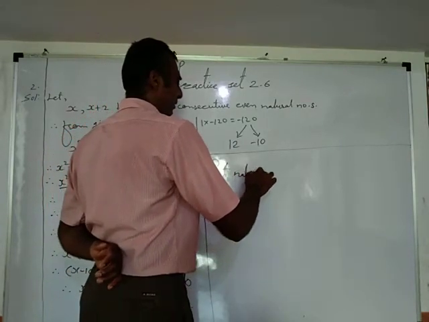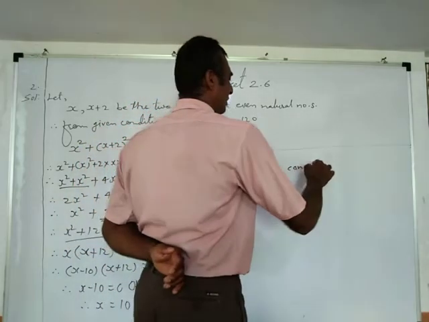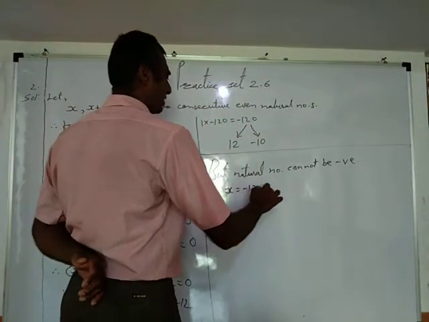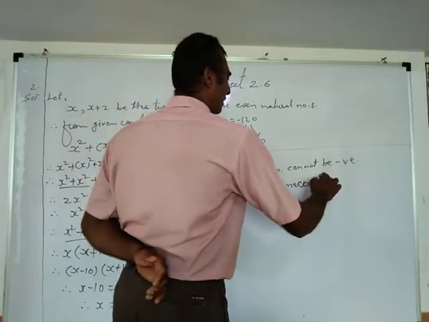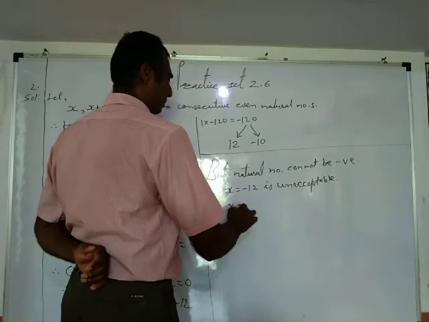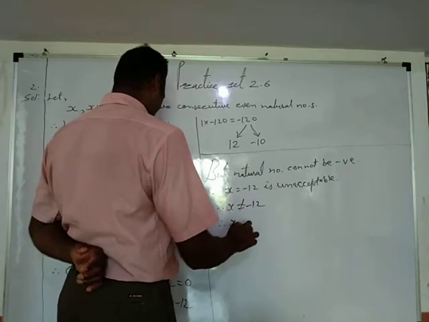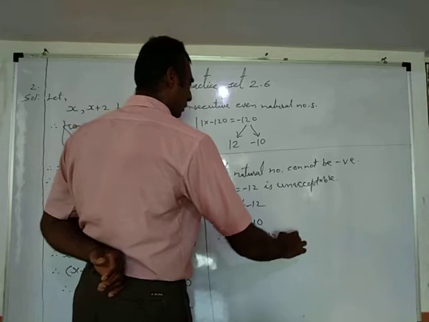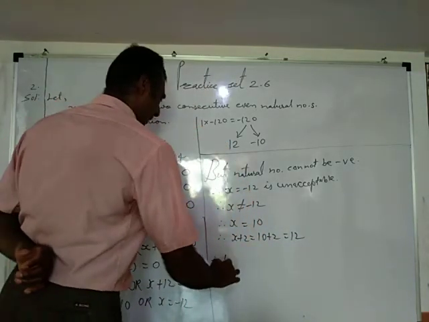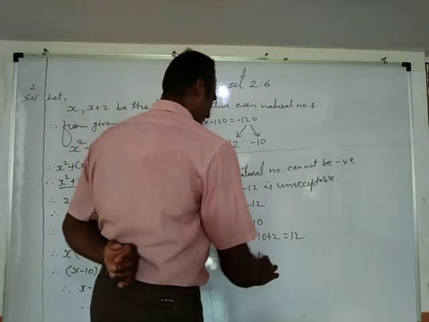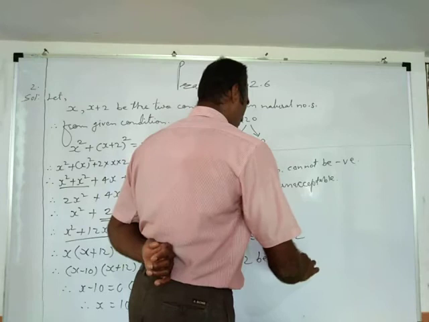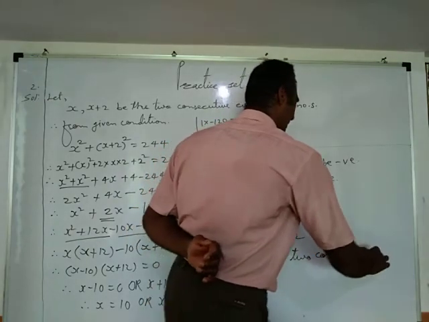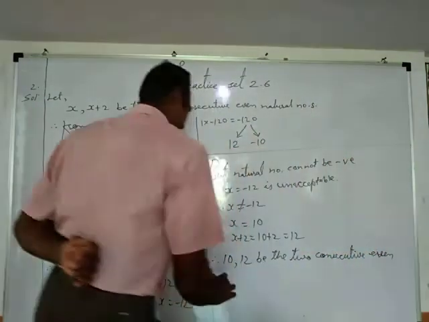But natural number cannot be negative, and therefore x equals minus 12 is unacceptable, and therefore x must not be equal to minus 12, and therefore x must be equal to 10, and therefore x plus 2 must be 10 plus 2 equal to 12, and therefore 10, 12 are the two consecutive natural numbers.